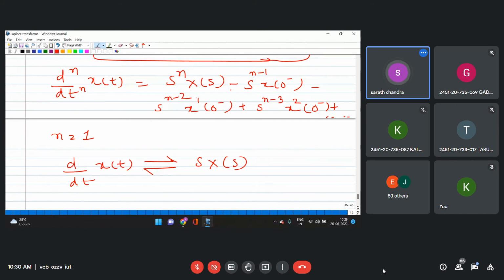This is the first one. So we will be left with only two terms. For n equals 1, only these two terms are considered. For n equals 2, consider this also. That will go on based on the order of the differentiation. So for n equals 1, we go with these two terms: s to the power 0 x of 0 minus.